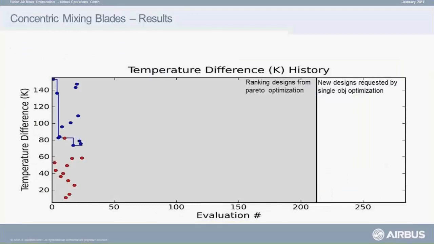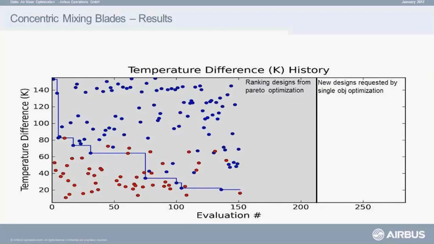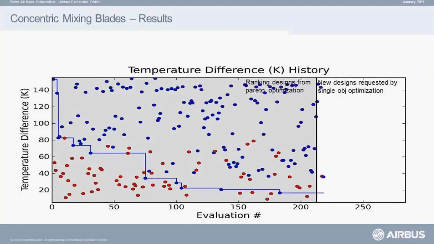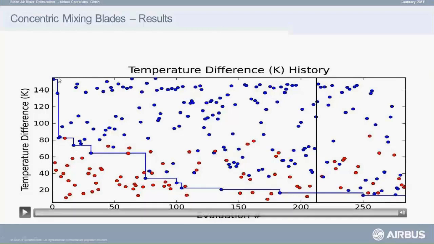If we take a look at the history of this analysis, we can see how the optimal point is developing. All these points represent single simulations, and the blue line here is illustrating the best design at the point that we are looking at.